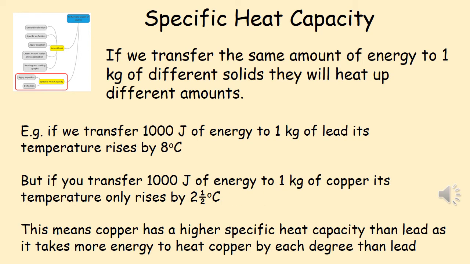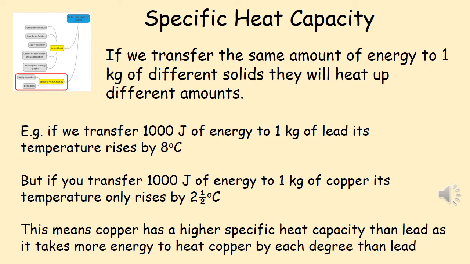So thinking about the type of solid, if we transfer the same amount of energy to a kilogram of different solids, they actually heat up different amounts. As an example here, if we transfer 1,000 joules of energy to a kilogram of lead, its temperature will go up by 8 degrees Celsius.